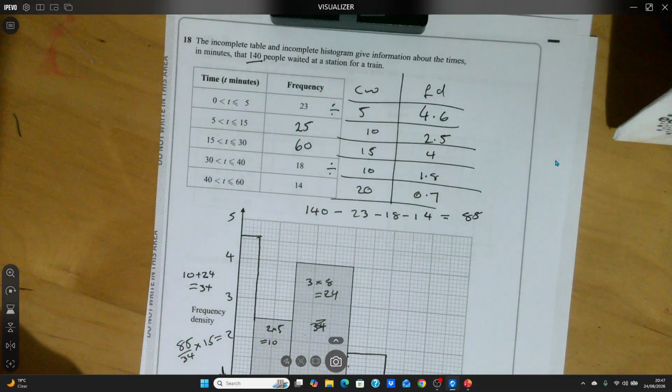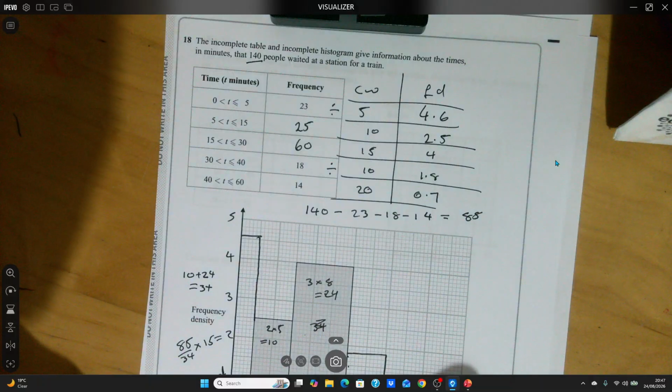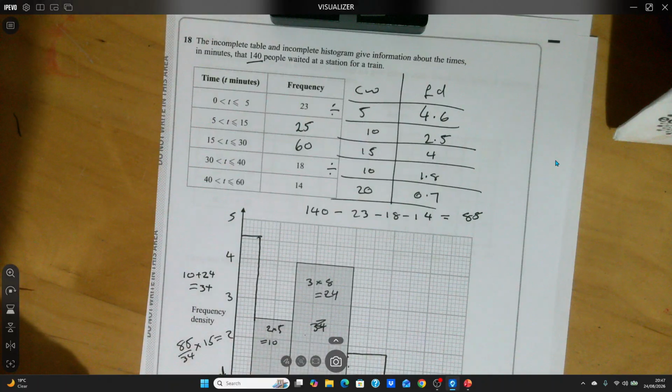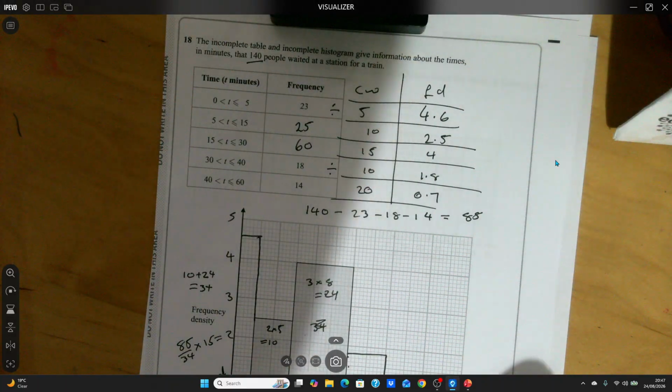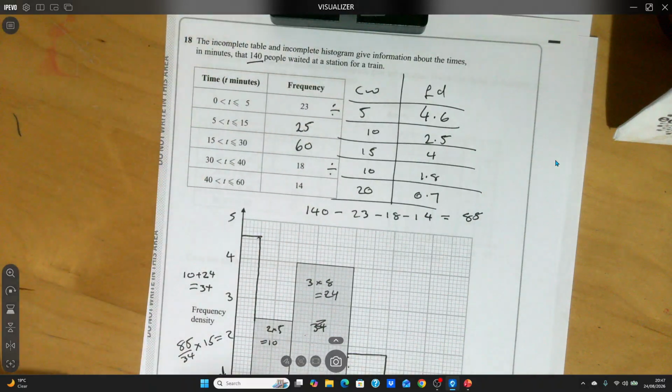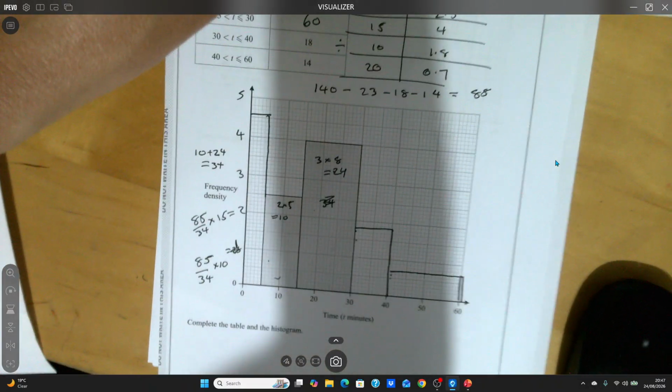The next one is from 40 to 60, and that should have been at 0.7. And that should go all the way to 60, so it should be stopping on the 60. So it should look like that.